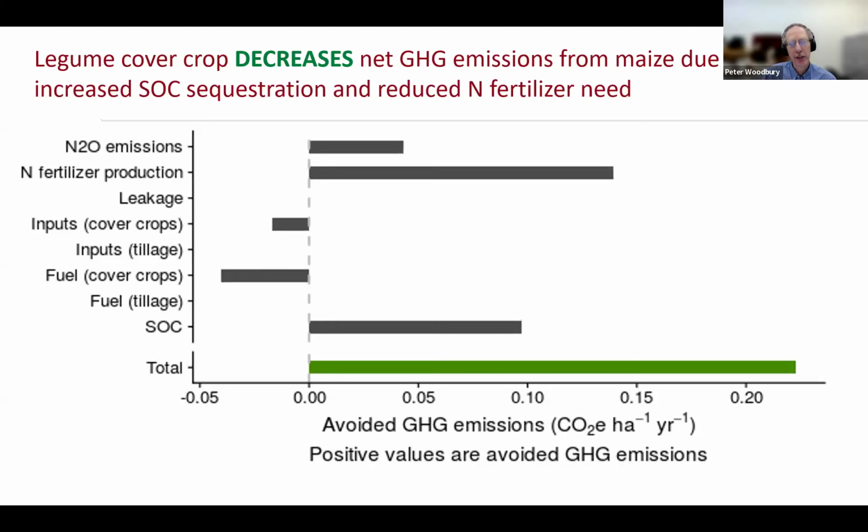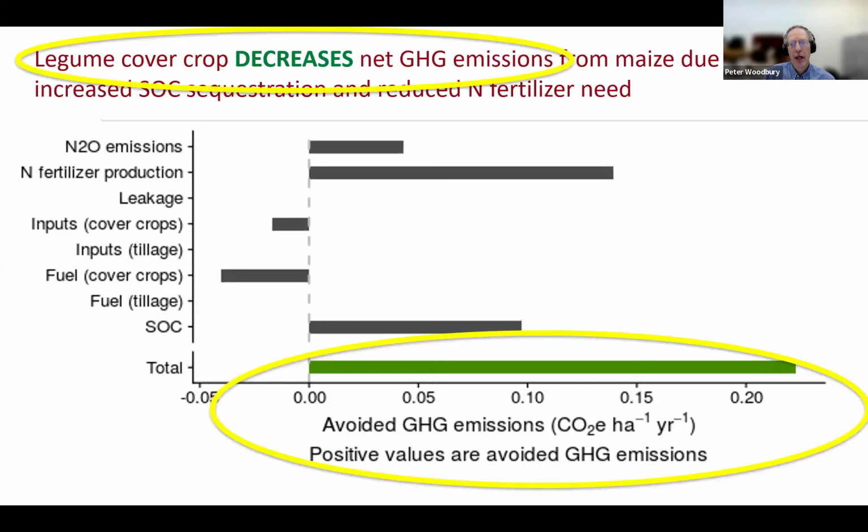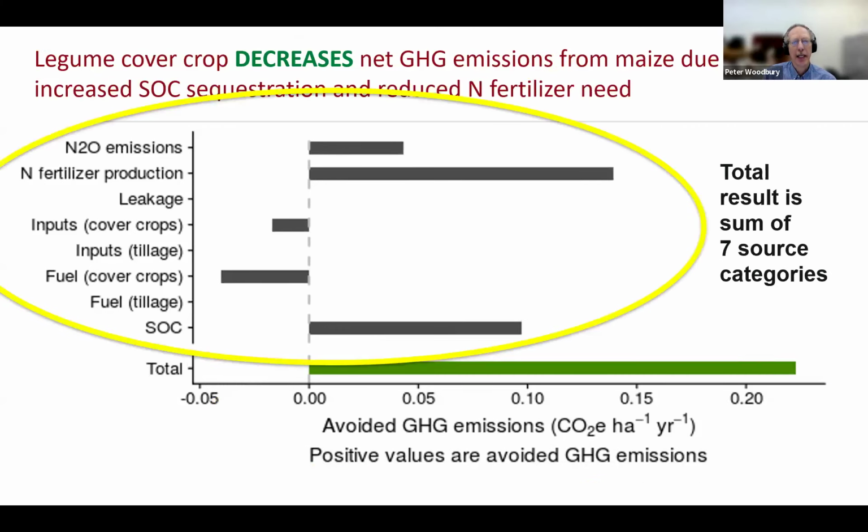So this bottom green bar shows the total. And the black bars up above are these 7 source categories. So if we add up each of the source categories, meaning each of these black bars, then the total is the green bar. So we see that we are getting a benefit for nitrous oxide emission.